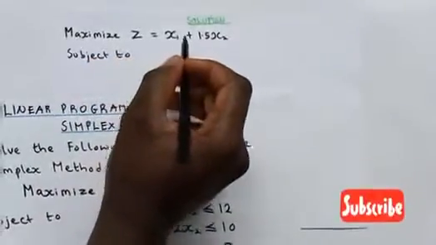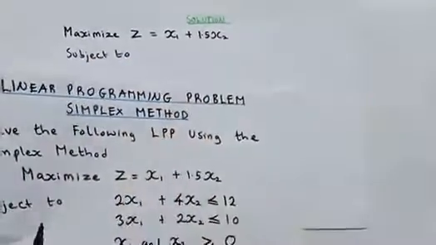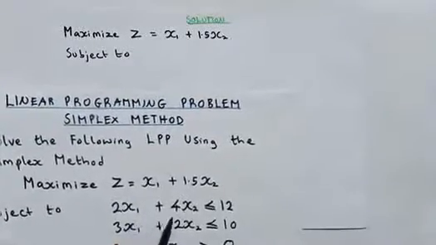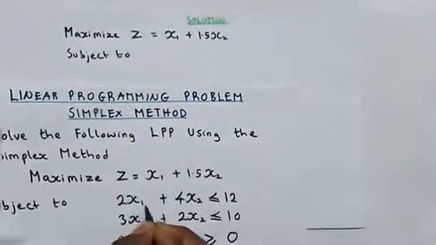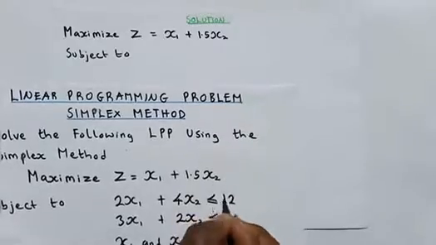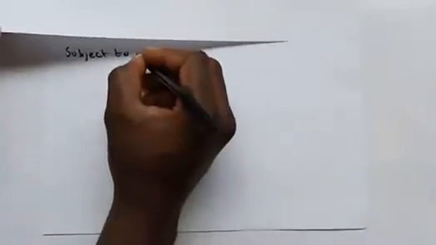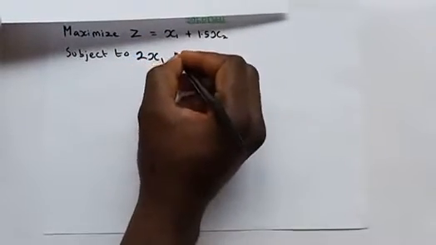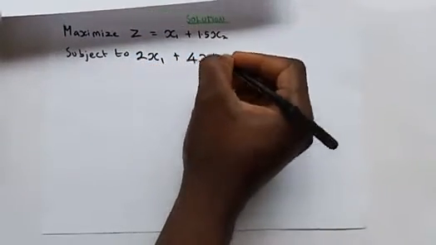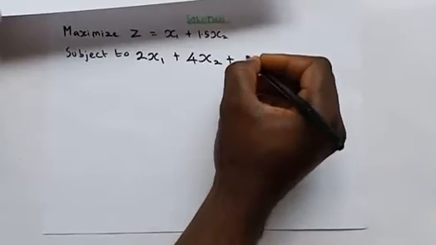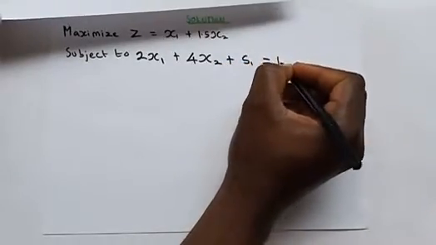Maximize Z equals x1 plus 1.5 x2, subject to, look at the equation of the first constraint: 2x1 plus 4x2 plus the slack variable s1 is equal to 12.